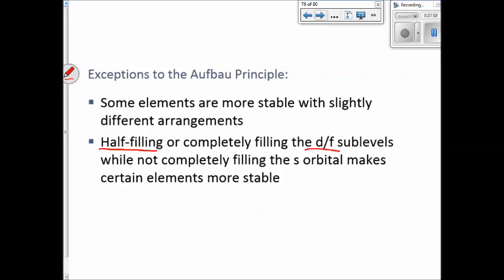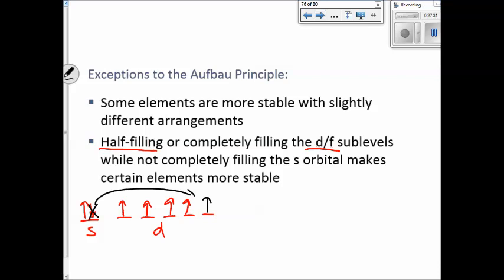So, say for instance, here's a D, and if you completely fill your S over here, but you only have 4 in the D there, what these elements do is they take this electron out of the S, and they half fill that D, and that's slightly more stable for them.